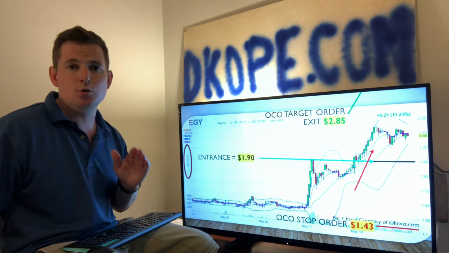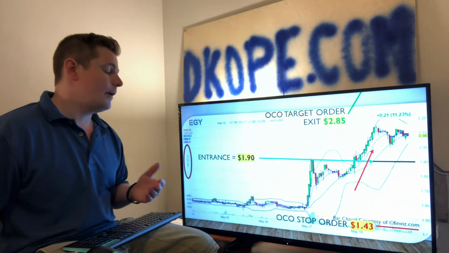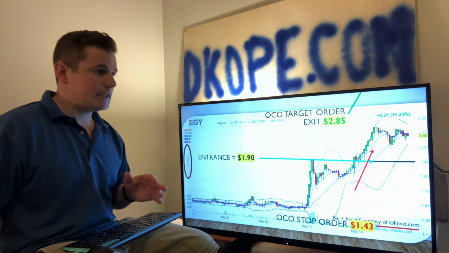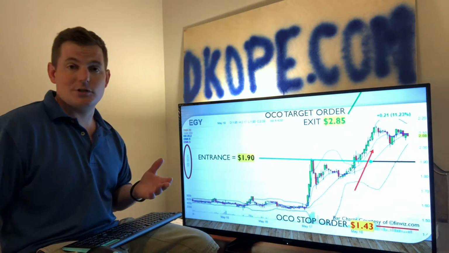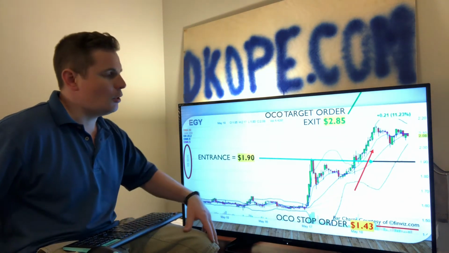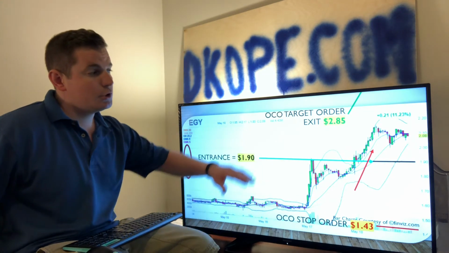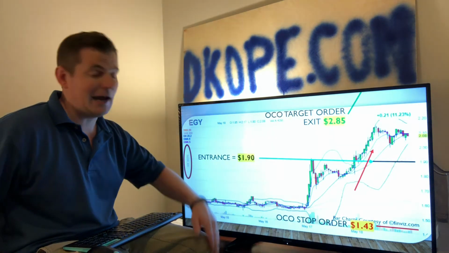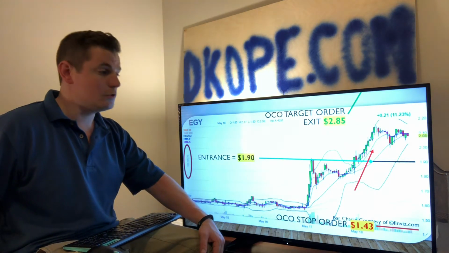It just closed at 208. So we're expecting a little bit of a pullback, almost a 20-cent pullback, which is almost 10%. So our target right here is 285. So it's a 50% target from 190, which is huge.